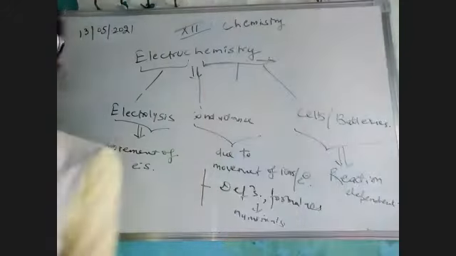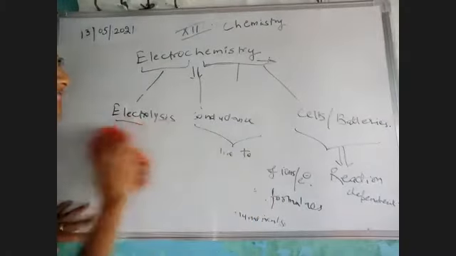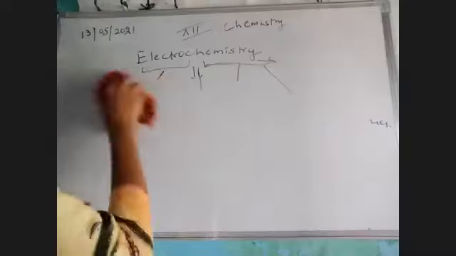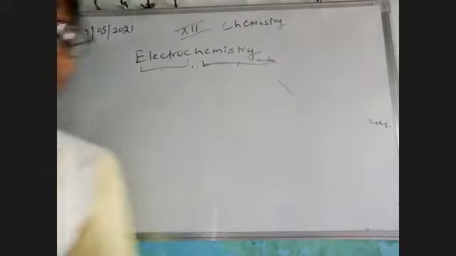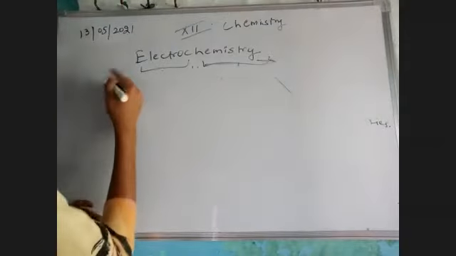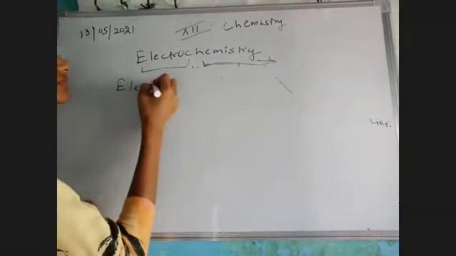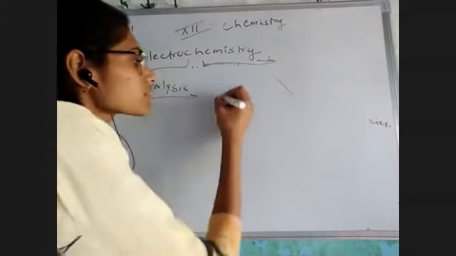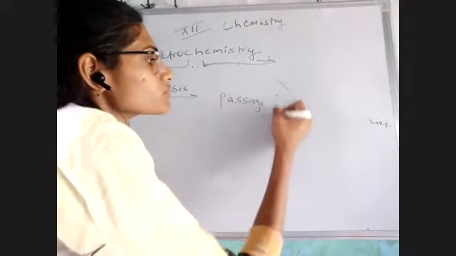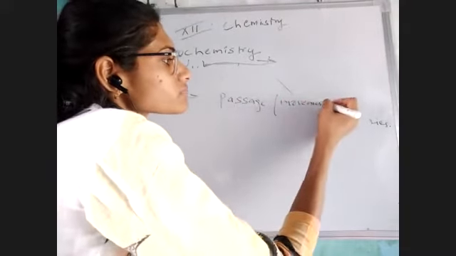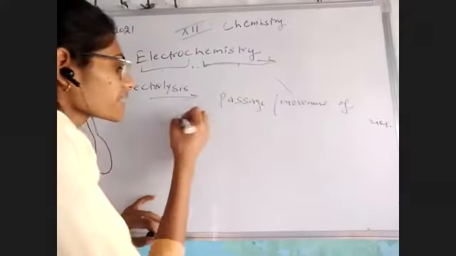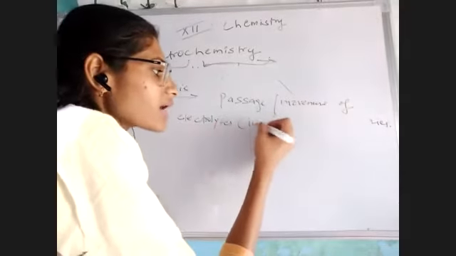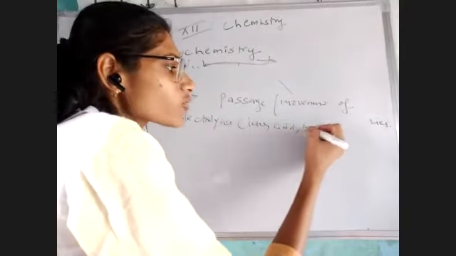Electrolysis is defined as the movement or passage of electrolytes by the presence of electricity. Electrolysis is defined as the passage or the movement of electrolytes, and electrolytes can be anything: ions, acid, base, electrons, anything.